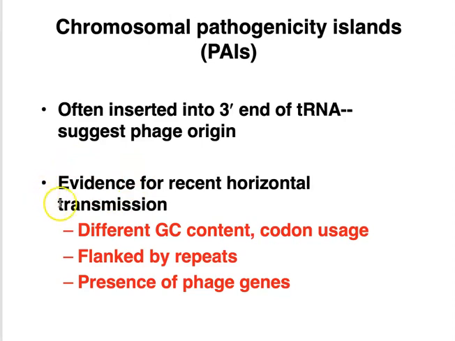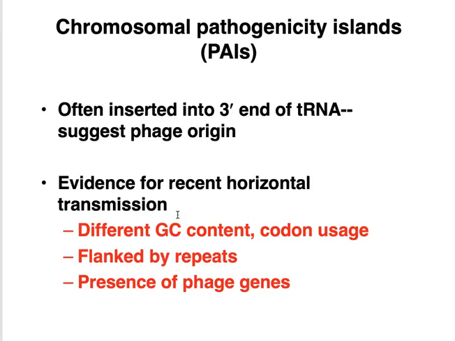So this is showing you some evidence of how we would detect horizontal transfer. One thing we'd look for is differential GC content of the piece of DNA that we think is foreign. Usually the GC content of the genome is fairly continuous or homogeneous, and so the microbe will often have a moderate G and C content because it's harder, obviously, to have these G triple bond C nucleotides.